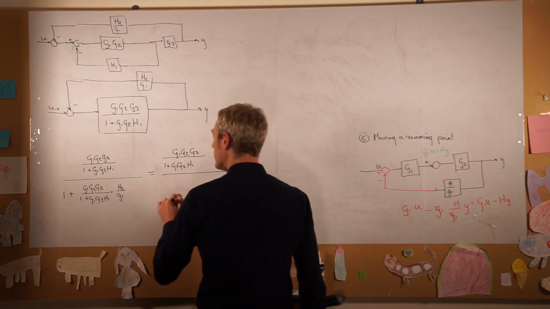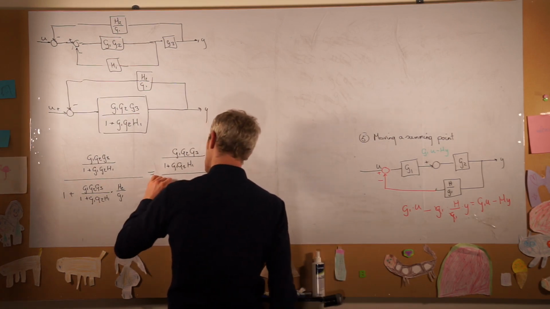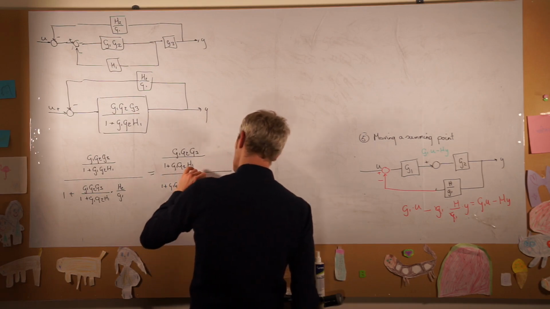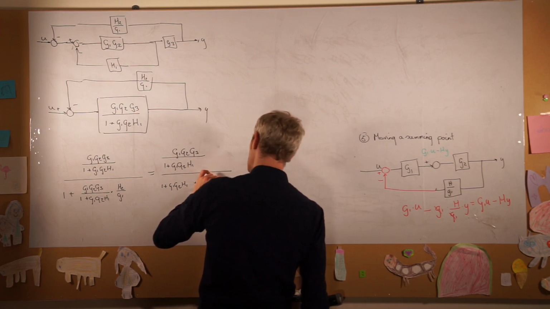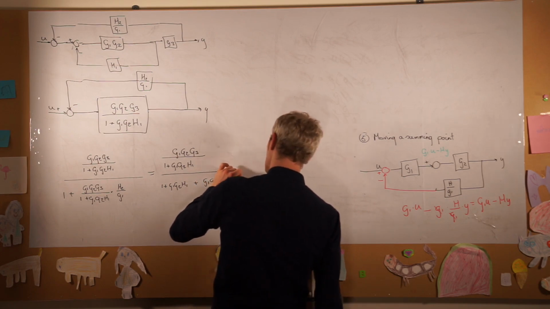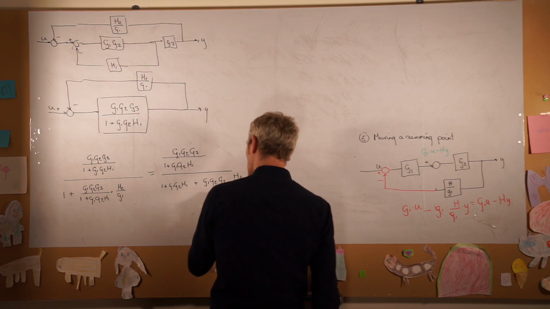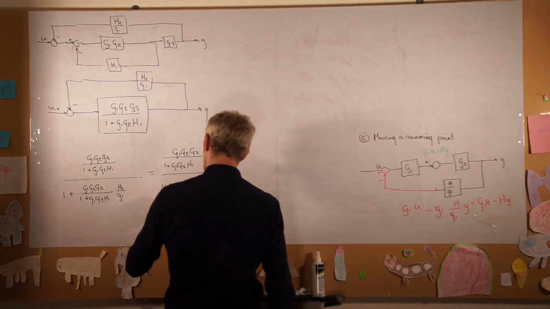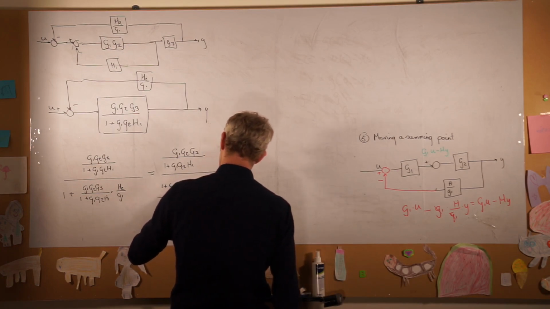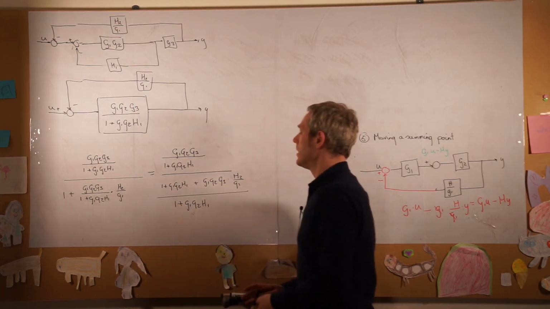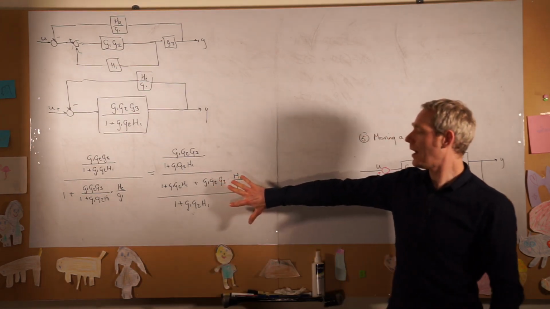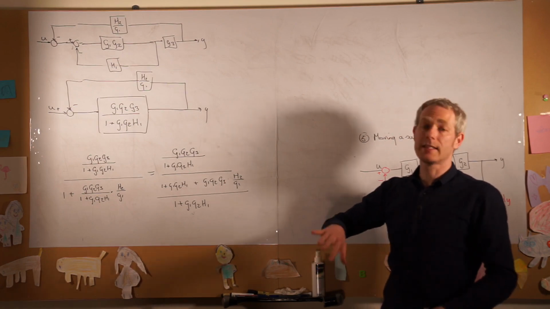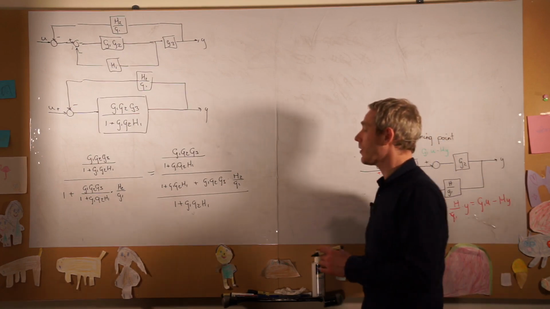And now this 1 will turn into 1 plus G1, G2, H1 plus G1, G2, G3 times H2 over G1, all with the same denominator, 1 plus G1, G2, H1. So now we have two fractions divided by each other. If you have a fraction divided by another fraction, it's the same as multiplying with the inverse of that fraction.